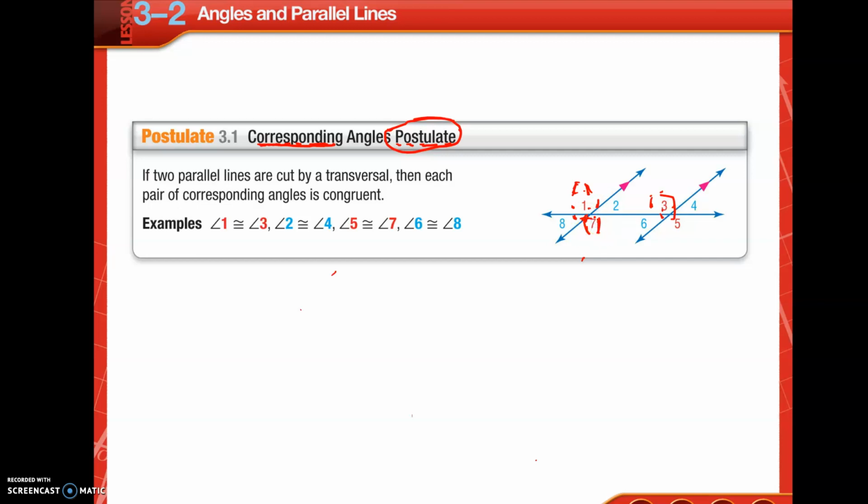So this is kind of going back to that proof part, and then corresponding with 7 is 5. So that gives us 1, 3, 5, and 7.